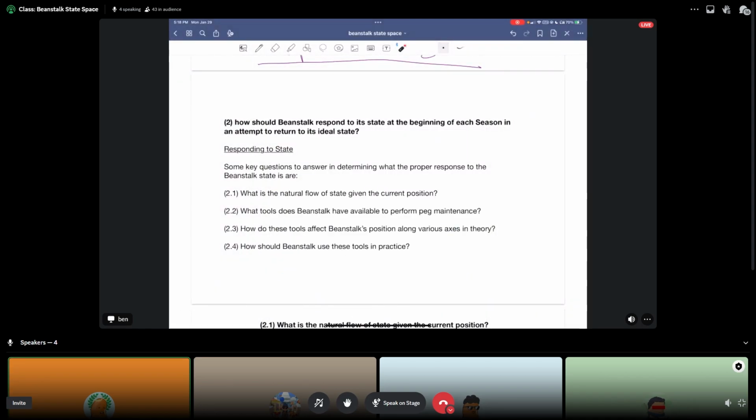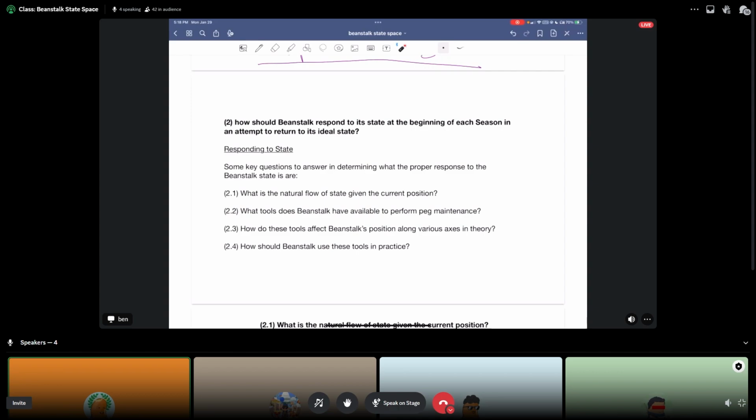Okay, 2. How should Beanstalk respond to its state at the beginning of each season in an attempt to return to its ideal state? So once we've classified the state and Beanstalk can really understand its position in Beanstalk space or Beanstalk space-time, how should it respond? How should it act? So the questions to answer on this dimension are, what is the natural flow of state?